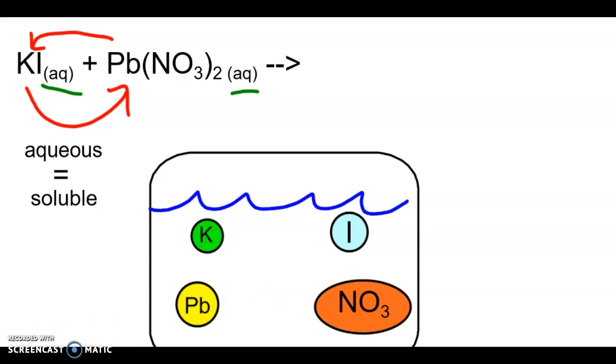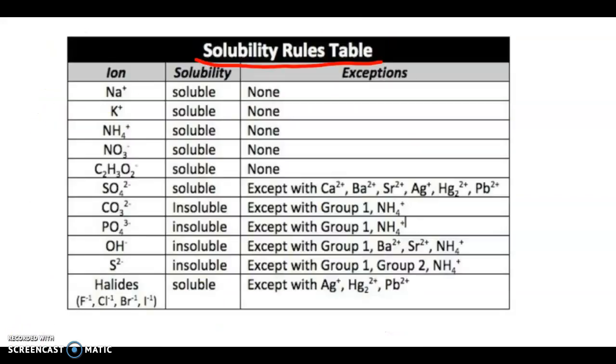In order for a reaction to actually happen, two of these pieces are going to have to come together and form a solid. So we'll take the first example. Potassium is going to bond with nitrate, so we're going to end up with KNO3. And again, charges are relevant here. Potassium has a +1 charge, nitrate has a -1 charge, and we can get that just by looking back at our chart.